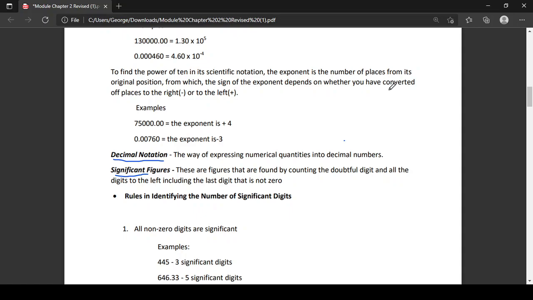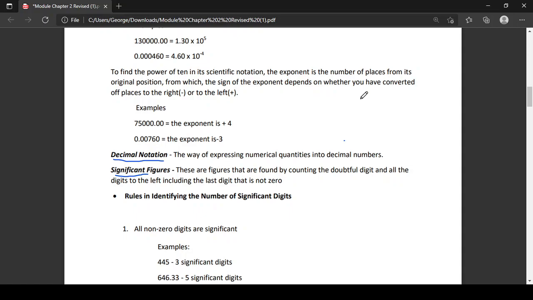The technique to know your significant figures: all significant numbers are the digits 1, 2, 3, 4, 5, 6, 7, 8, 9. Significant figures are all non-zero digits, 1 to 9.